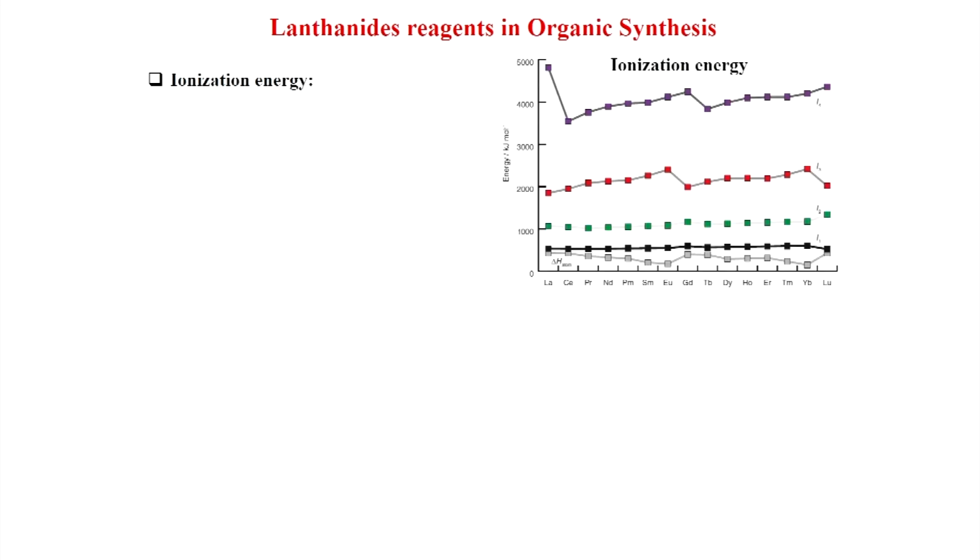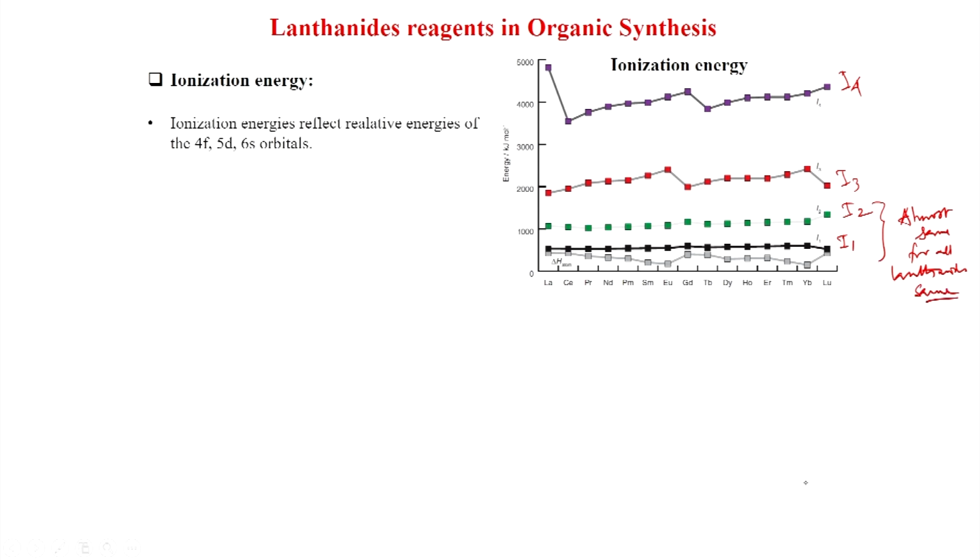Now, we will discuss ionization energy. So, you can see I1, this black one is I1, green is I2, red is I3, and this is I4. You can see I1 and I2 are almost the same for all lanthanides, and similarly the I2 values are the same.